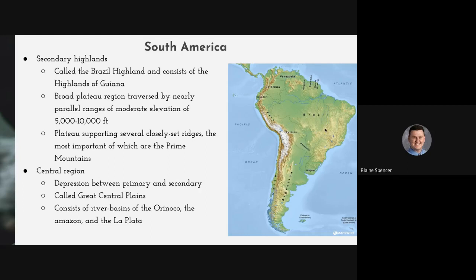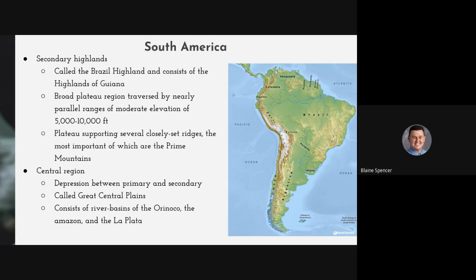Remember, the primary highlands and the secondary highlands are going to be split by a Great Depression, a central region, this depression right here. And we'll get to that in a second. Within the Brazil highlands and the highlands of Guyana, we see that there are broad plateau regions traversed by nearly parallel ranges of moderate elevation of 5 to 10,000 feet.